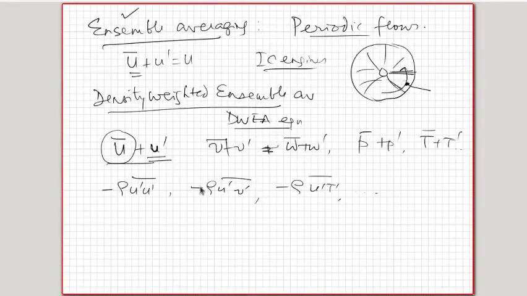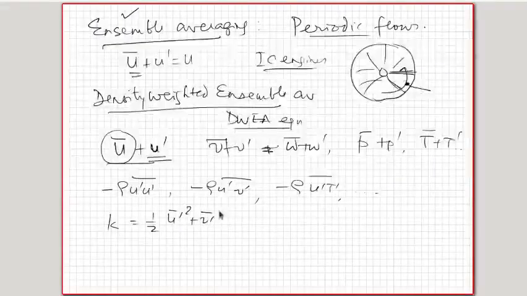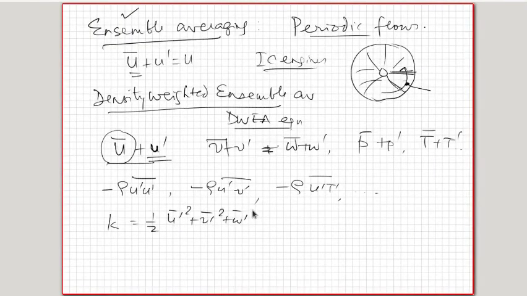So this kind of terms appeared. Similarly, when I try to derive other kinds of equations, say for example an equation for K, which is half of U prime squared plus V prime squared plus W prime squared, averaged, I will need to get an equation for U prime squared, V prime squared, W prime squared, add them together and constitute an equation for K. Then you get multiple kinds of averaging processes also.